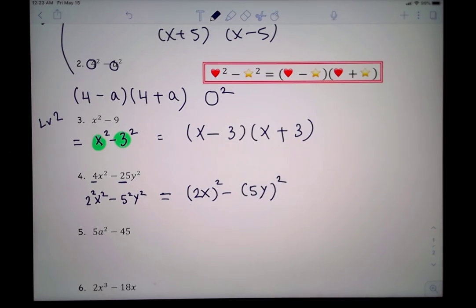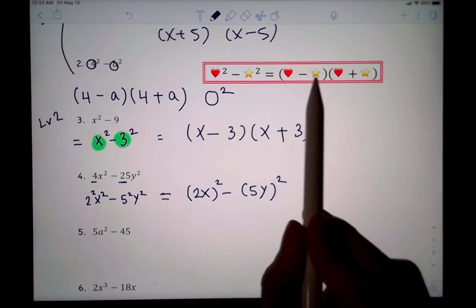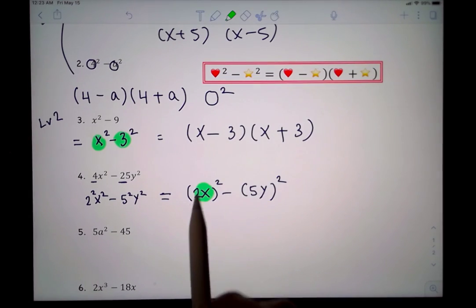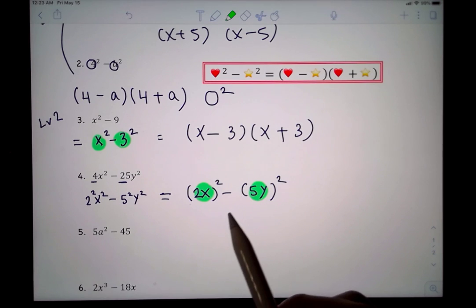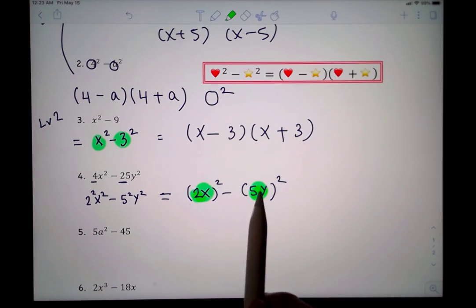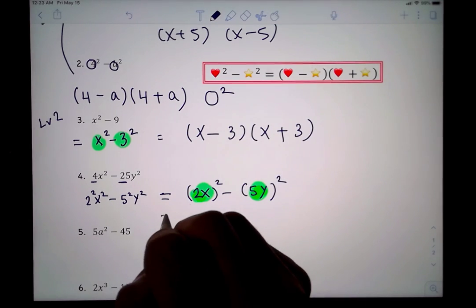Now you have the same form as the formula. So I'm going to use these 2 bases to write my factored form.